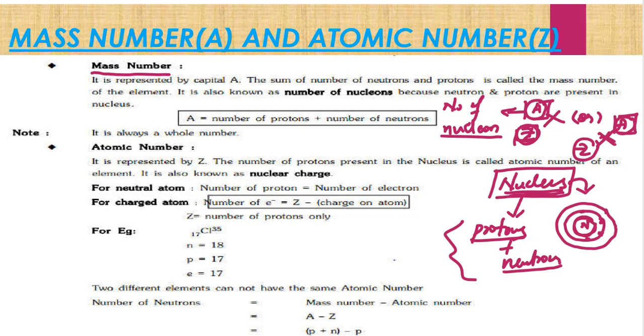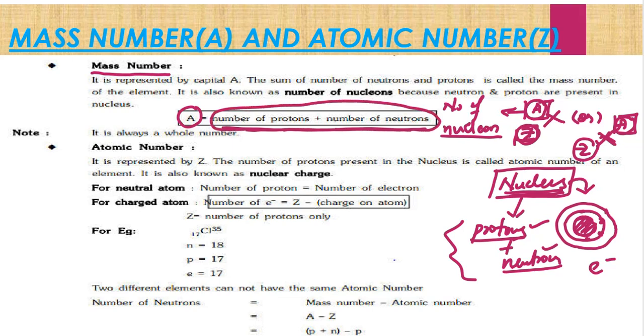Among these three, protons and neutrons have their home in the nucleus. Because both are heavier compared to electrons, the mass of the nucleus also becomes heavier. Now, we are discussing mass number. Mass number A is the number of protons plus the number of neutrons. Together they are called nucleons because they stay inside the nucleus.